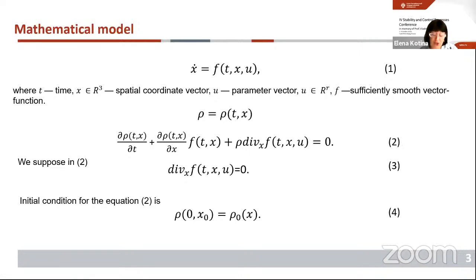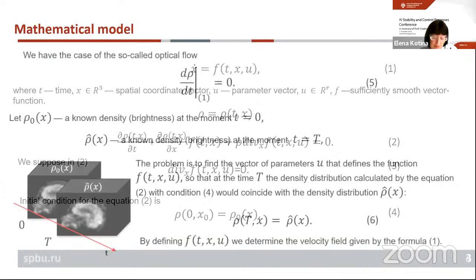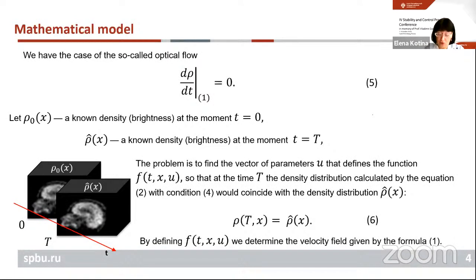We assume that function rho is given, and we have to reconstruct function f, which determines the required velocity field. Here, parameter u is considered unknown. We consider the problem of construction of parameter vector u as an optimization problem. It follows from equations 2 and 3 that the brightness along the trajectories of the system 1 remains constant.